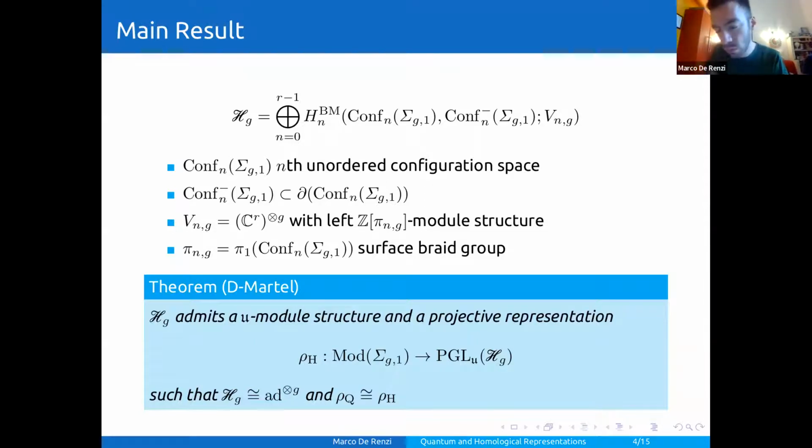What I claim is interesting about this statement is that the U-module structure and the projective representation on the homological side are defined in purely homological terms. So they are inherently defined on the homological side, and then we can check that there exists a linear isomorphism between these two spaces that preserves all these structures.